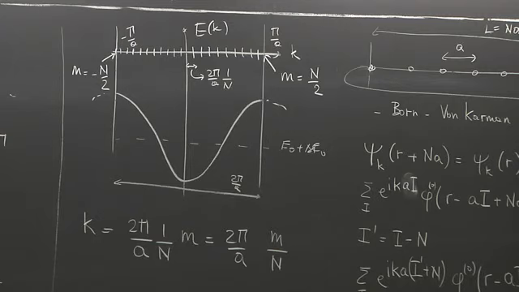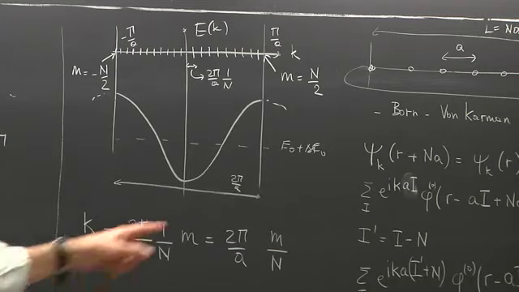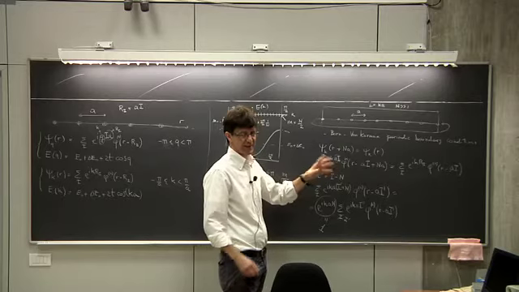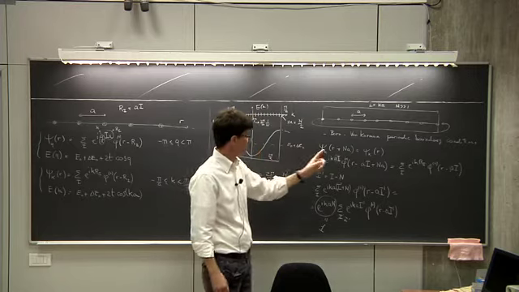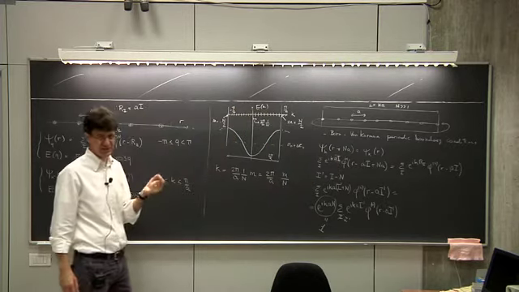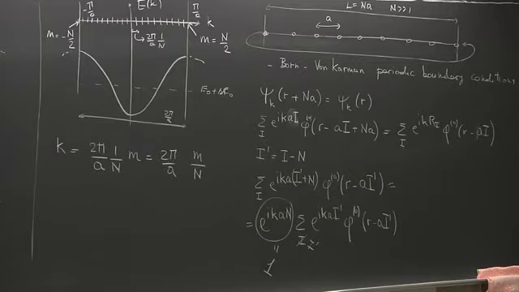All right, so what I've done, if I impose these periodic boundary conditions, again, artificial periodic boundary conditions, is essentially force k to take discrete values. Not all of them, but discrete values.